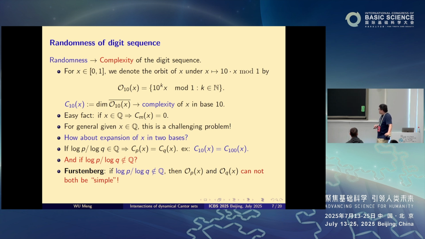He conjectured that if p and q are independent, where independent just means log p over log q is not a rational number, then the complexity of x in base p and in base q cannot both be quite simple. What does simple mean? He gives a precise formulation.